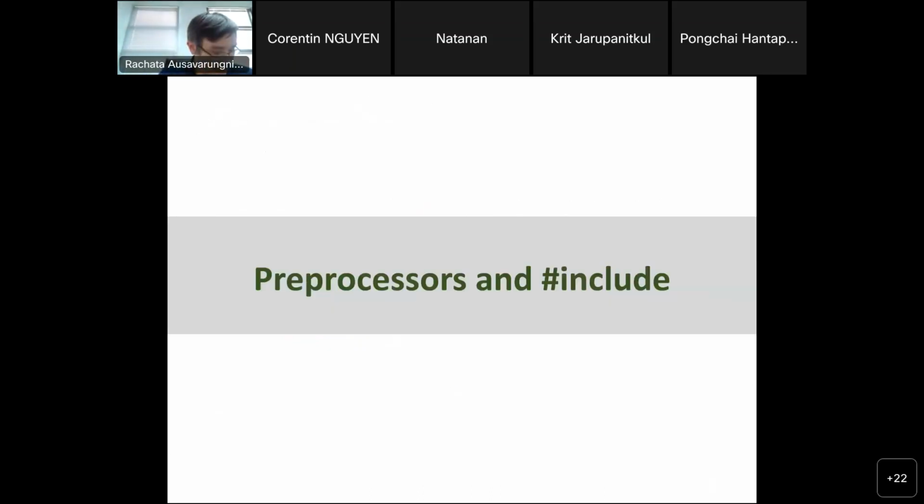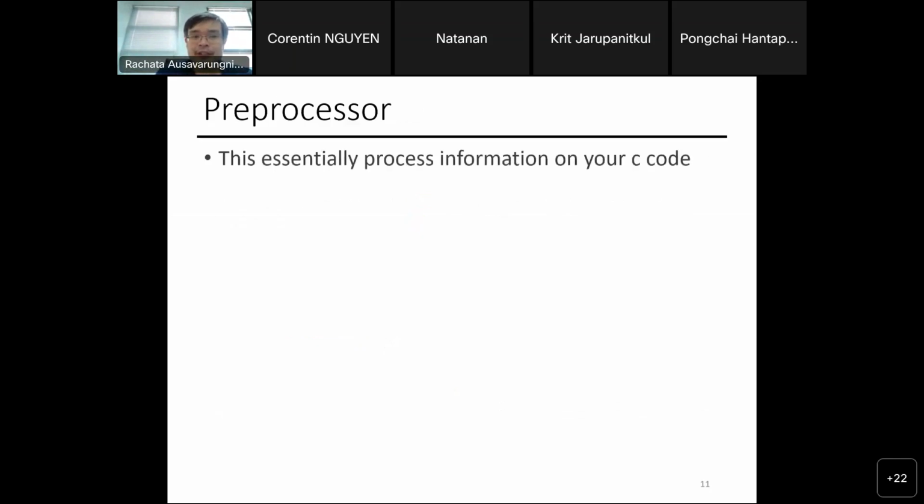And now we'll switch to the next set of topics, which is something you saw earlier, right? Things like pound include. What is that? So we talk about this thing called the preprocessor. What is a preprocessor? This is there so that when you compile the code, it pre-processes some information about your C code.